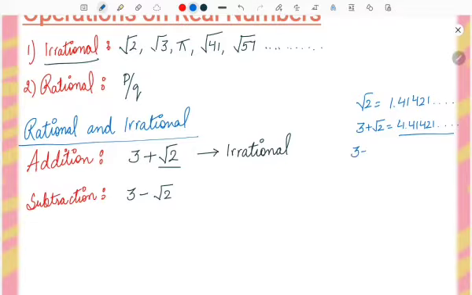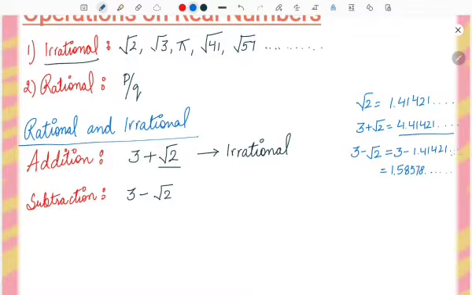Now if I have to subtract root 2 from 3, what is it going to become? Which is 3 minus 1.41421 and so on, it would be 1.58578 and so on.